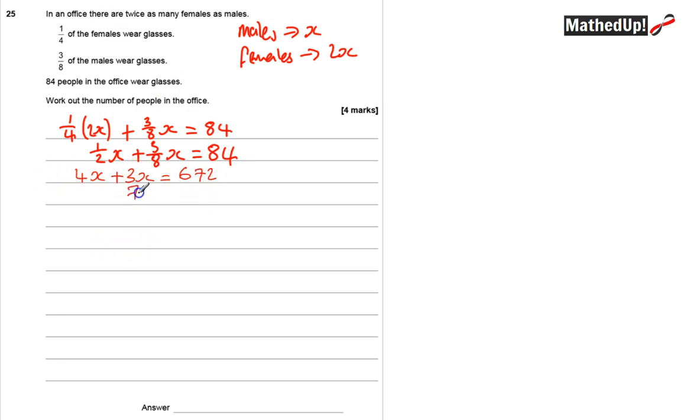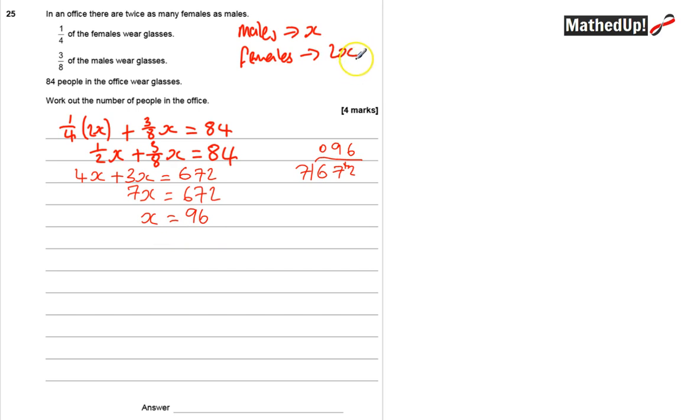Okay, so that tells me 7x is equal to 672, and then x is going to be equal to 672 divided by 7. So let's just do that over here. We've got 672 divided by 7. That's going to be 0, 9, carry a 4, and 7 into 42 is 6. So that's going to be x is equal to 96. So remember, we're working out the number of people in the office. So x represents the number of males in the office.